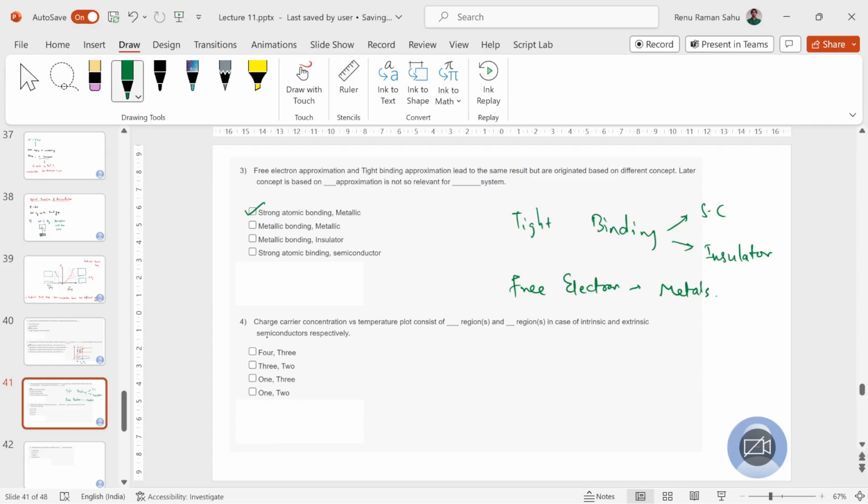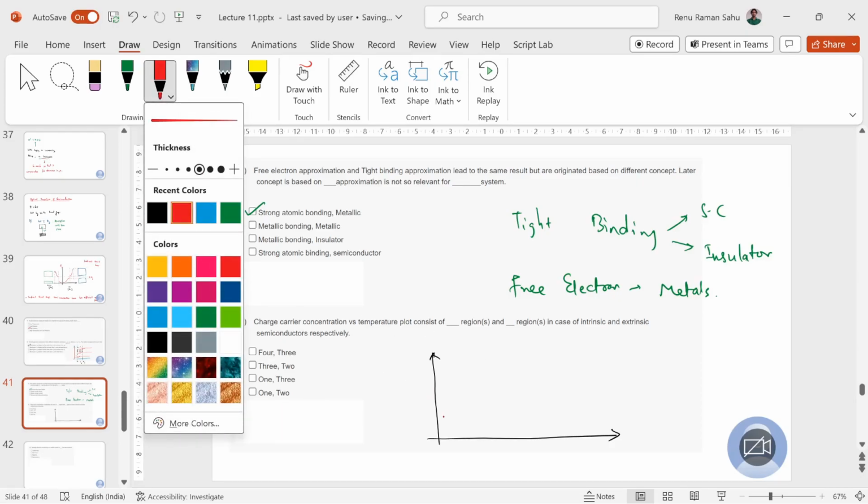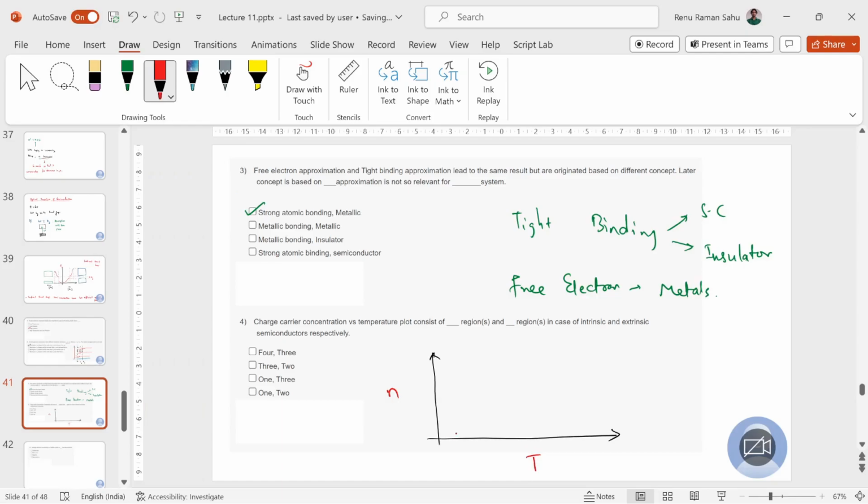What about this fourth one? Charge carrier concentration versus temperature. So just now we discussed dash regions and dash regions in the case of intrinsic and extrinsic. So here it was 4 and 3.